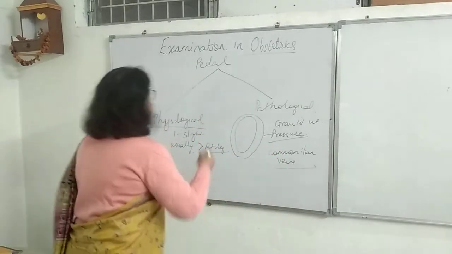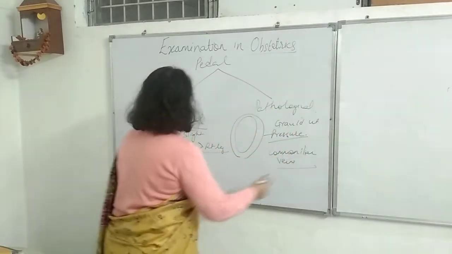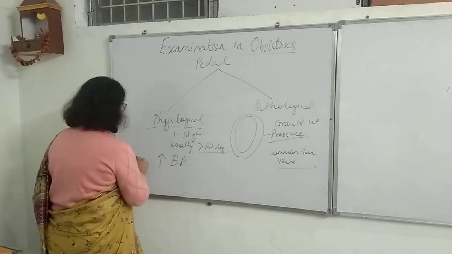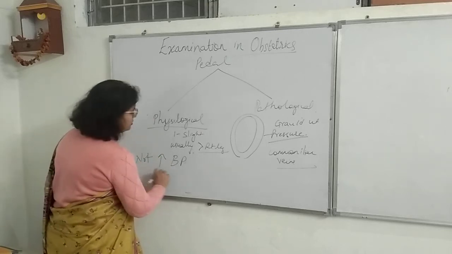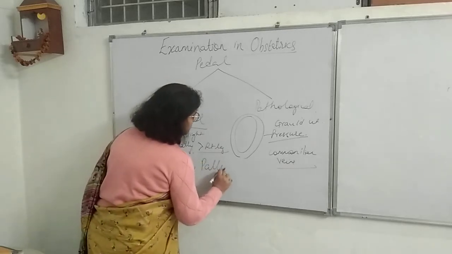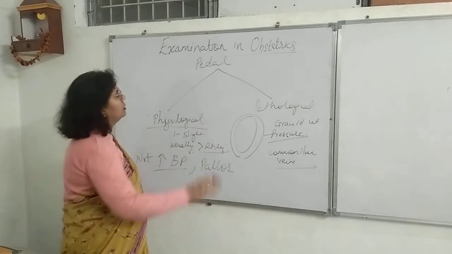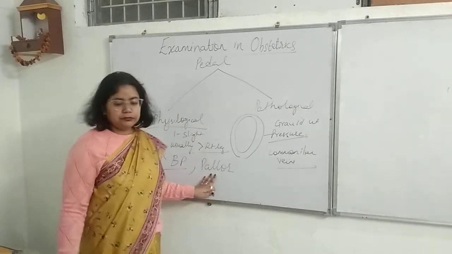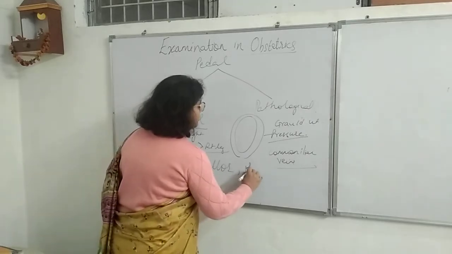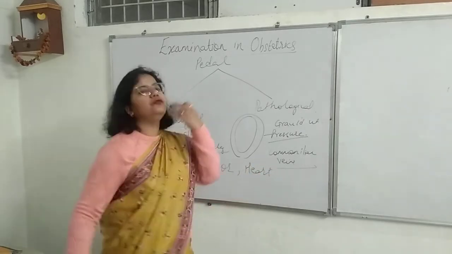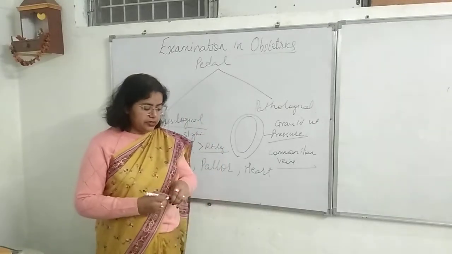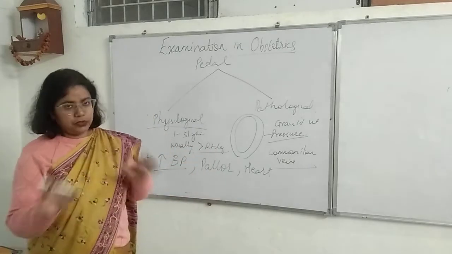Number three, when you examine her blood pressure, it is normal, not associated with raised BP, not associated with pallor. These are the other things that we will be examining in women, and not associated with any other feature of heart disease. Like if the neck veins are also full, and she is having pedal edema, chances are that she is in cardiac failure, not physiological.